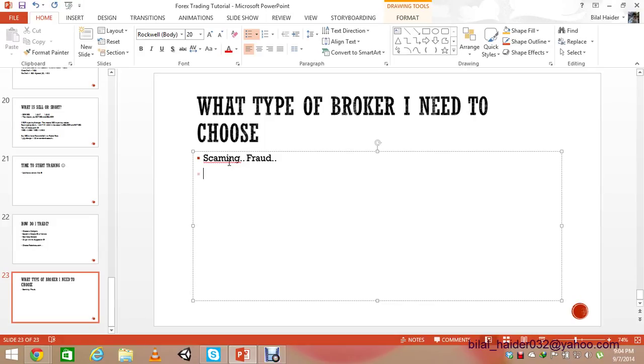Now the points I'm writing in here are very important. The first thing you need to consider is the spread. The spread is very important. As you know, I have told you what a spread is. The spread is basically the difference between buying and selling prices.